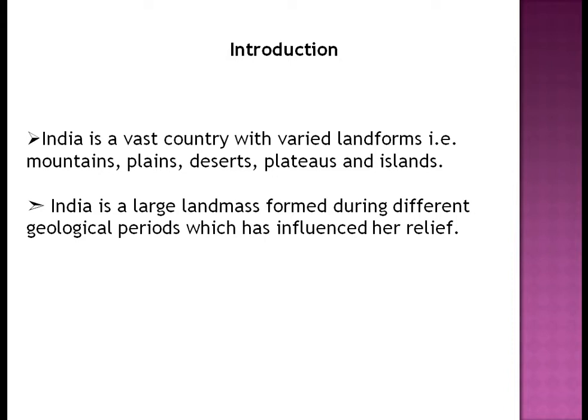Due to the movement of the plates, folds, faults, convergent and divergent movements used to happen, and these physiographic features used to form. Next, India is a large landmass formed during different geological periods which has influenced its relief, as I was saying about the plate tectonic theory.